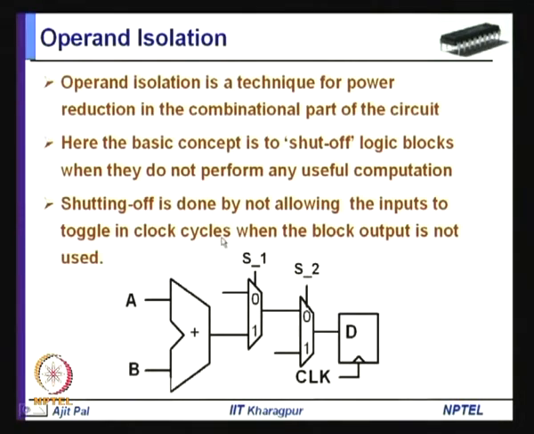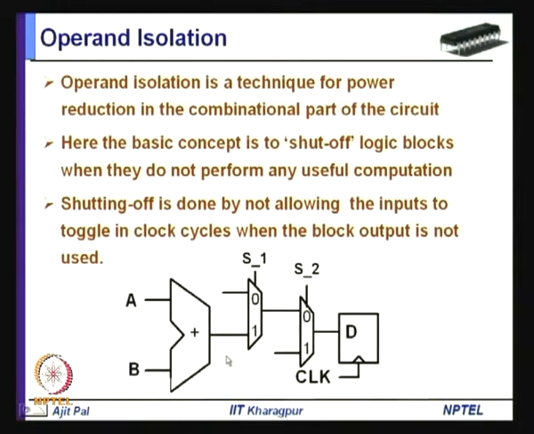For example, this particular adder is producing some result and it is receiving inputs A and B, and this result is loaded into a register shown by D, only when S1 is 1 and S2 is 0. That means, when this condition is satisfied, only then the output of this adder is loaded into this register, otherwise it is not used at all.